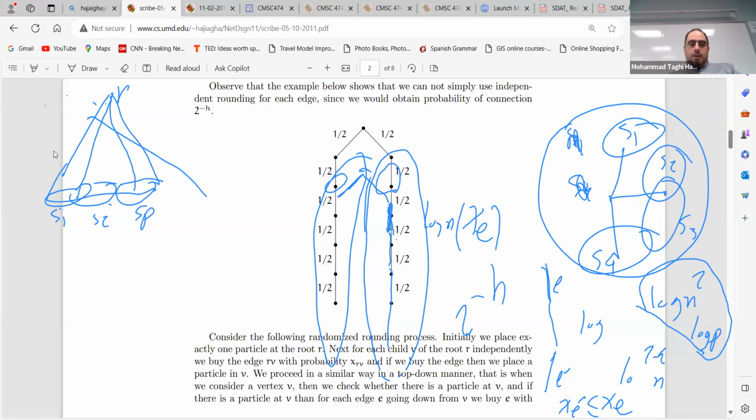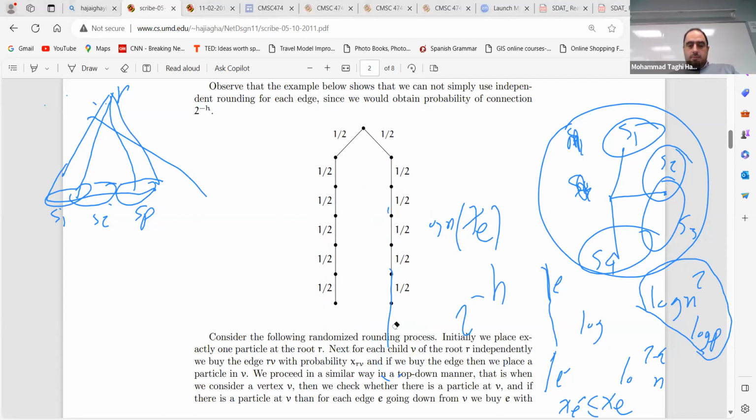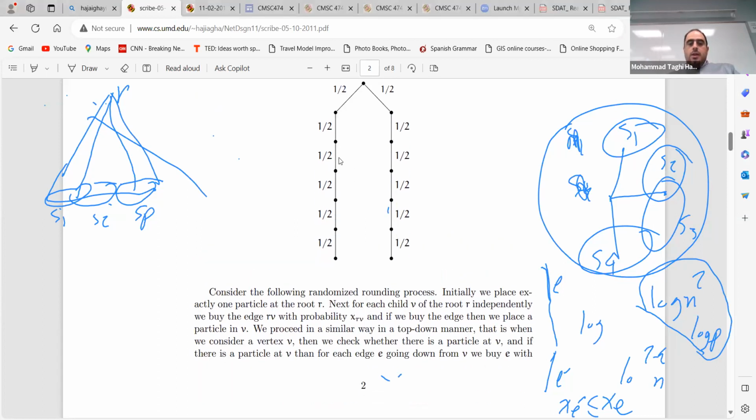So consider the following randomized algorithm. Initially we place one particle or token at root R. So we put a token at root R here.